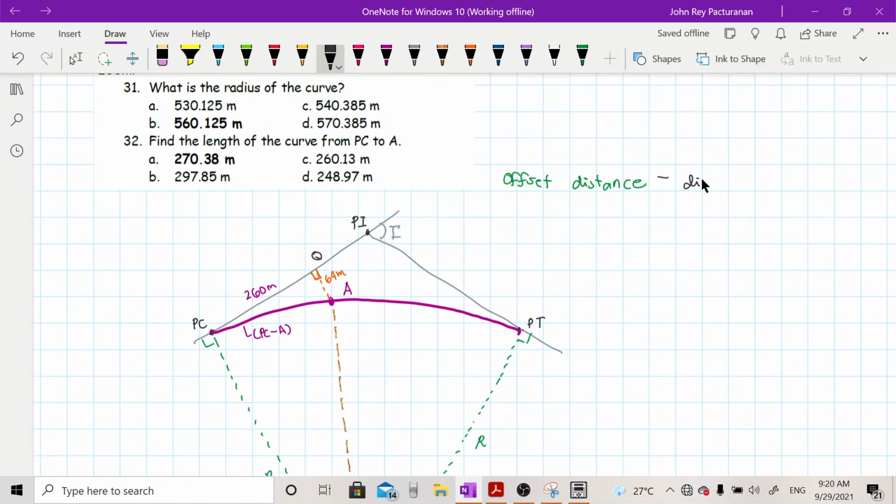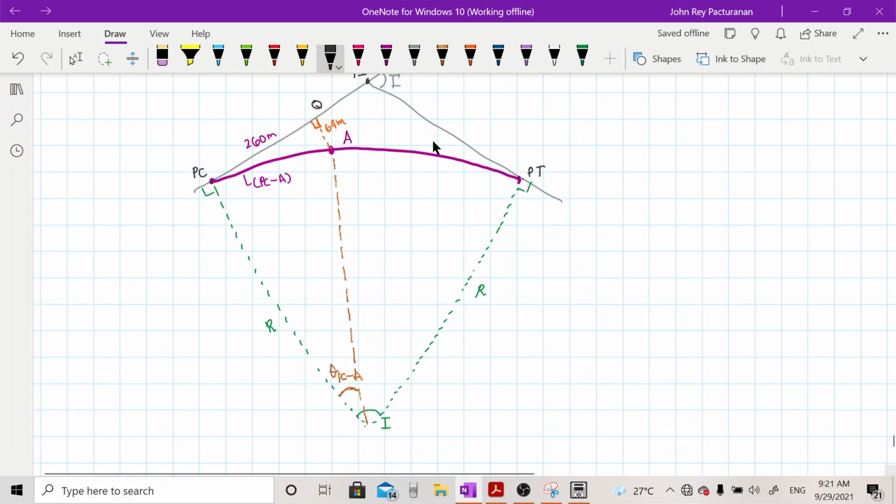So, offset distance is the perpendicular distance at any simple curve point to the tangent. So, yun yung ibig sabihin ng offset distance. The perpendicular distance ng any point of our simple curve to the tangent, whether be the back tangent or the forward tangent. Sa case natin, yung kinonsider is the back tangent.